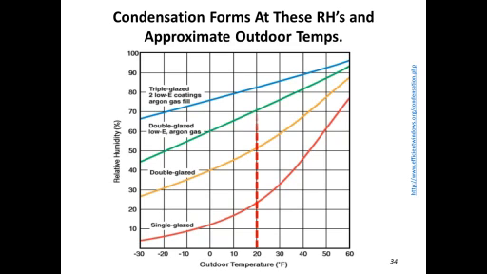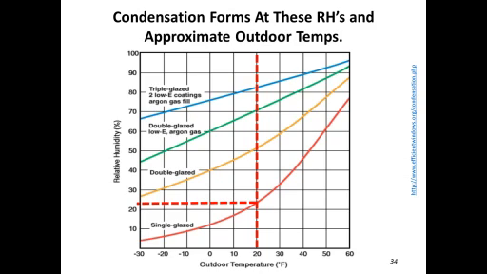I've taken an example where the outside air temperature is 20 degrees. And then I looked at single glazed, which is just single glass windows. At 20 degrees, condensation would start to form at just over 20% relative humidity, maybe 22 or 23%.